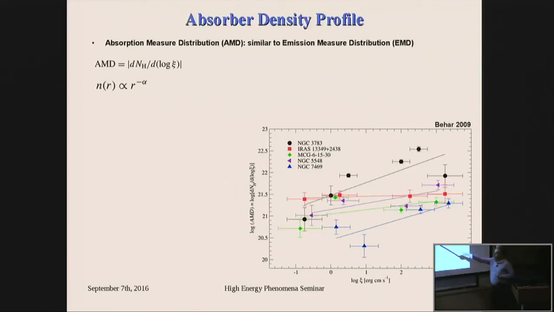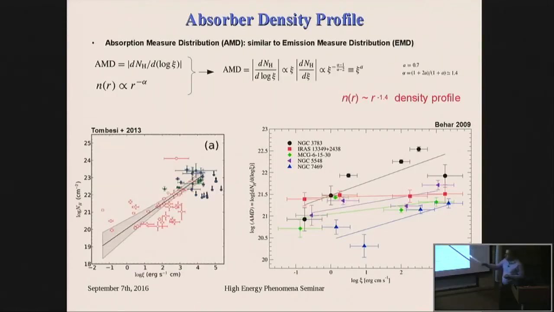Assuming a power law for the density profile, using AMD we can determine this power law index, and here you see the result for 5 AGN. Using this correlation, Behar obtained this index alpha in the range from 1 to 1.3.